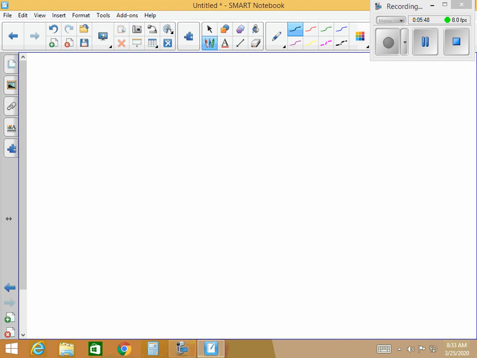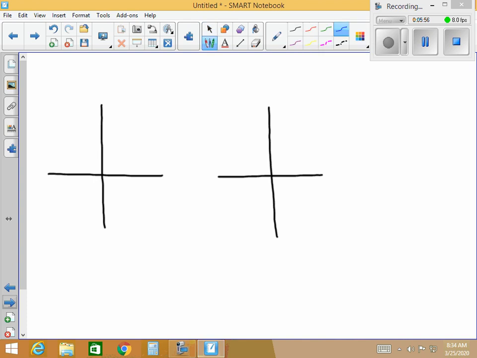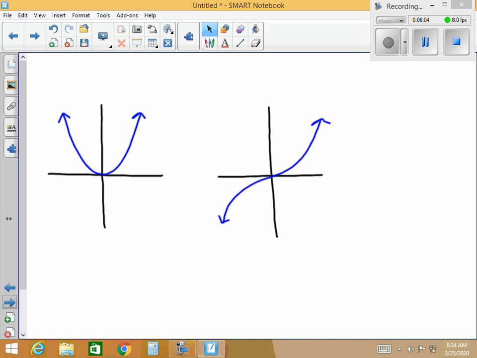So maybe I'm looking at a picture, and I say I want to know if these functions have inverses. Okay.